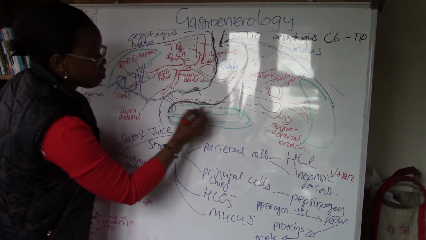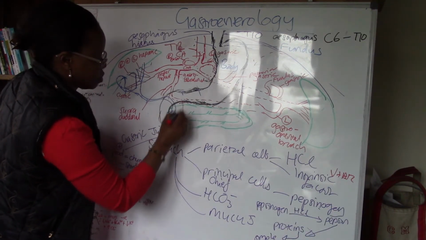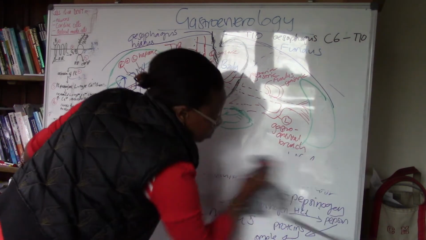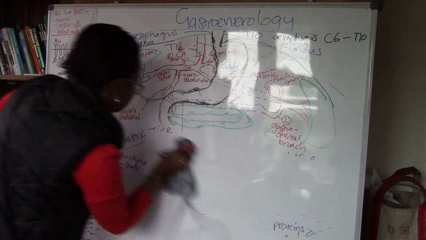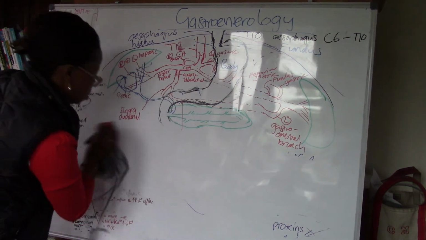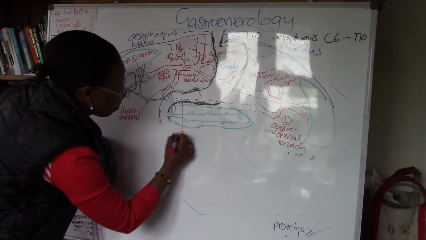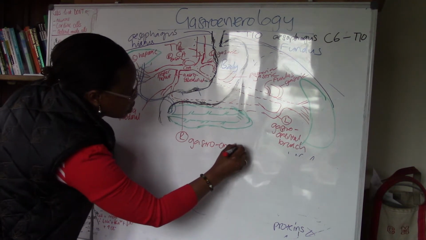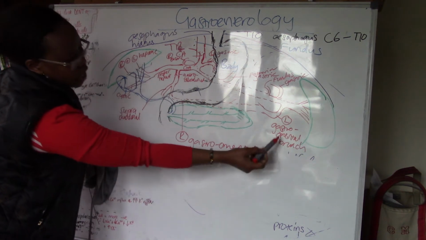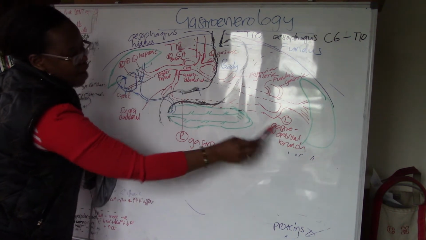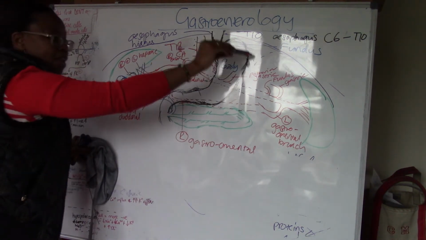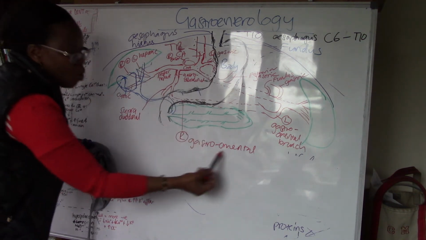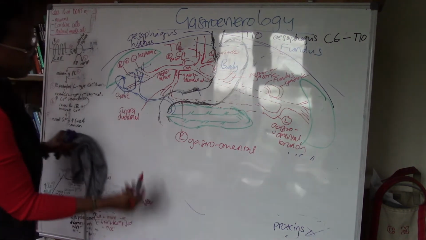So then it will give off the right gastroepiploic, which anastomoses with the left to supply the greater curvature of the stomach, and indeed the greater omentum.